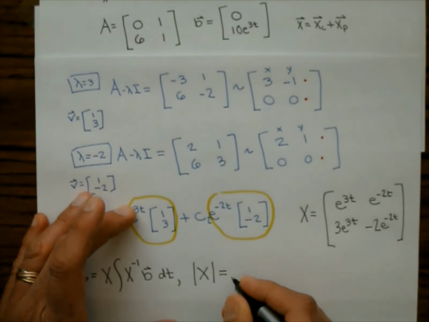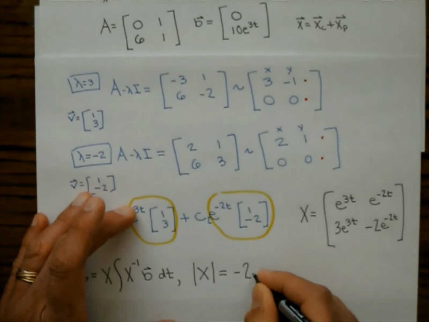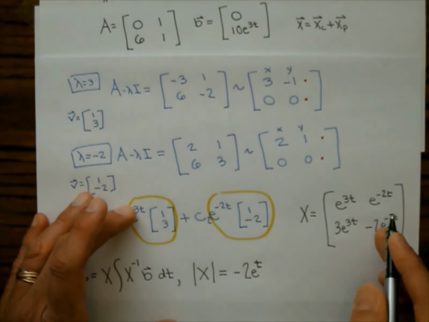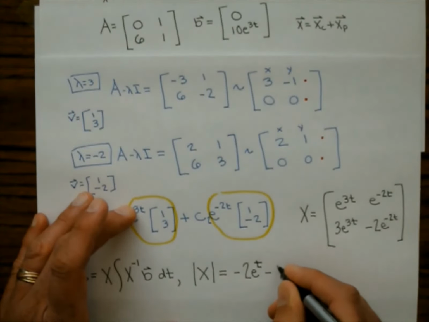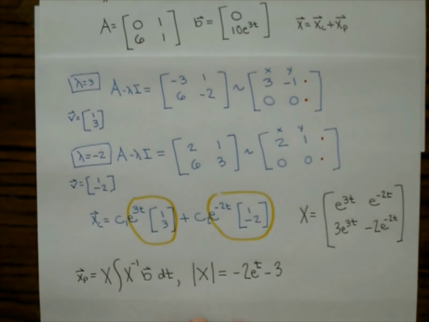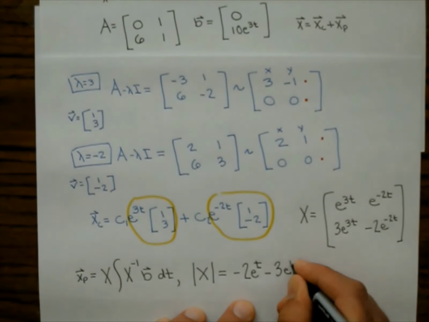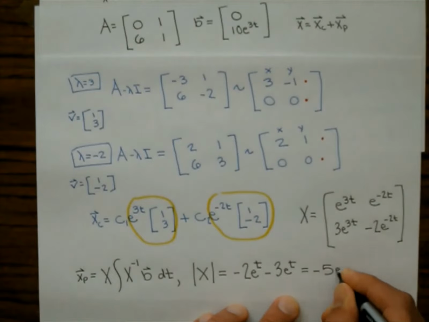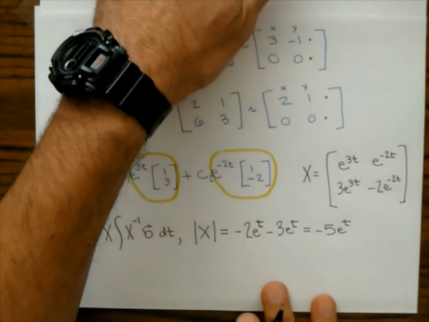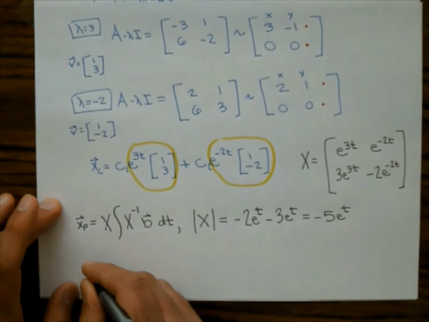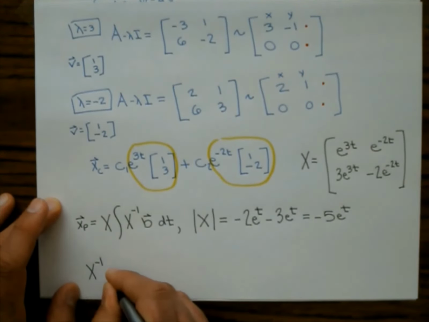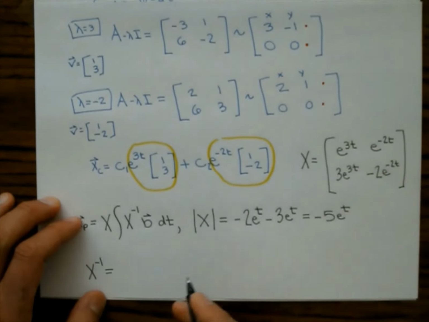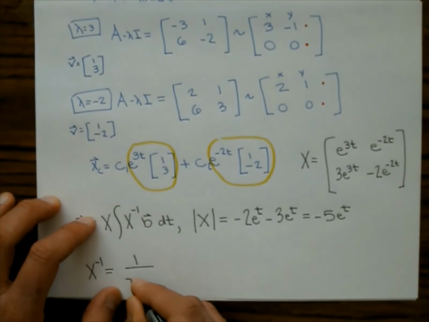So this is going to be negative 2 e to the t, and then we're going to go minus 3 e to the t, which is going to give me negative 5 e to the t. Okay, the next thing I want to do is find the inverse of this matrix. I'm going to go 1 over the determinant.